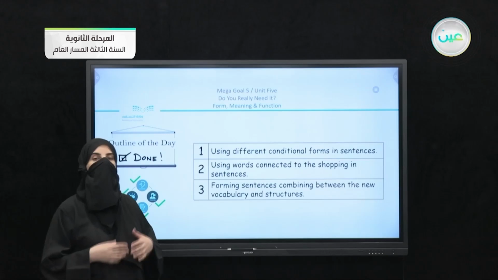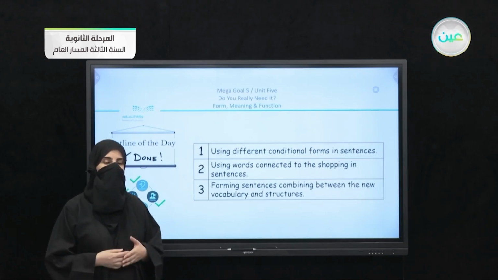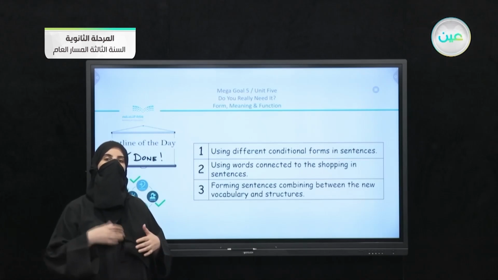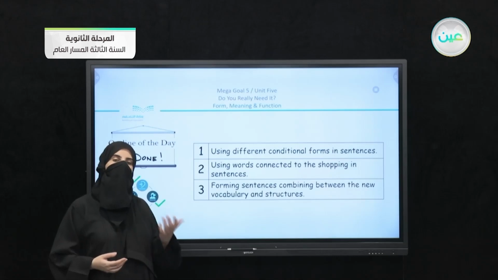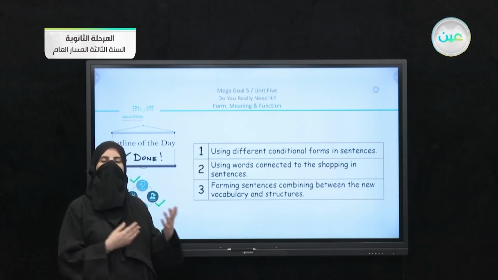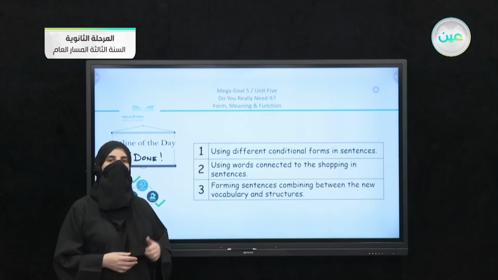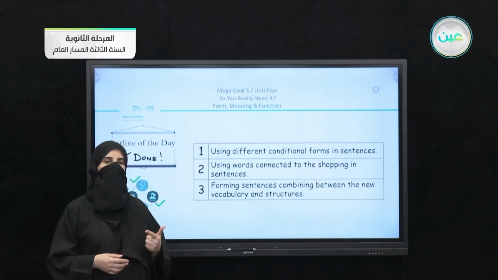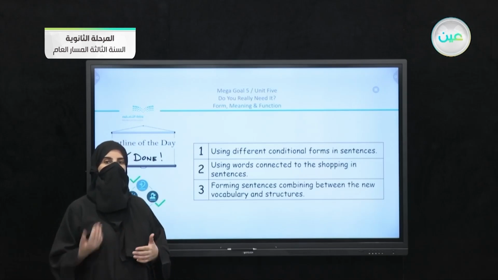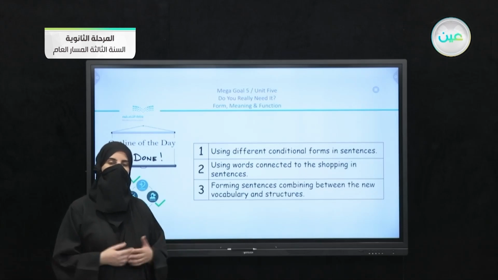Now you can see from the lesson that we have here the form, meaning, and function. We dealt with meaning, and we have here the form and function dealing with the if conditionals, and we know that we have zero conditional sentences, we have first conditional sentences, we know when to use when or unless with these sentences, and when we can use also may and might in the sentence.